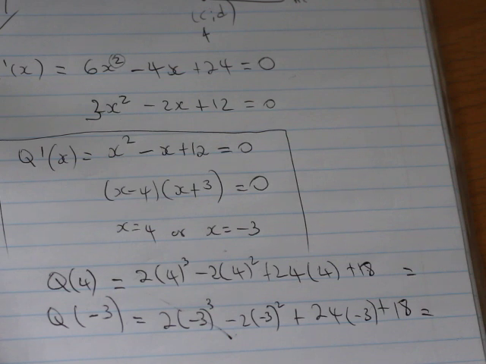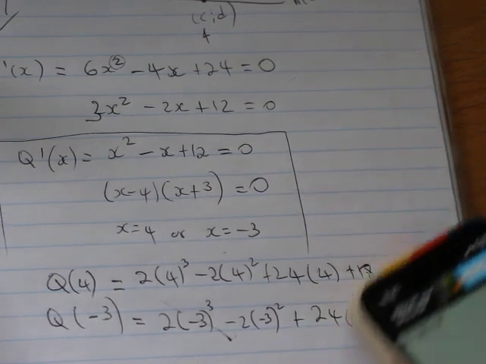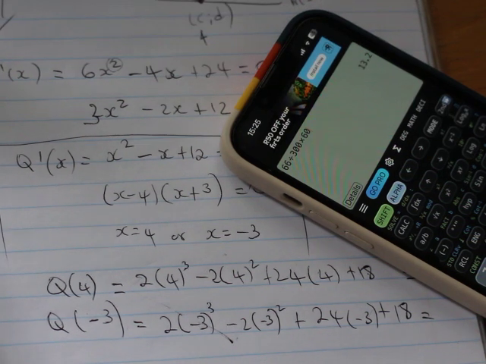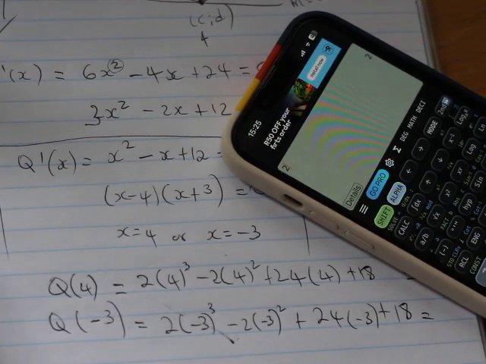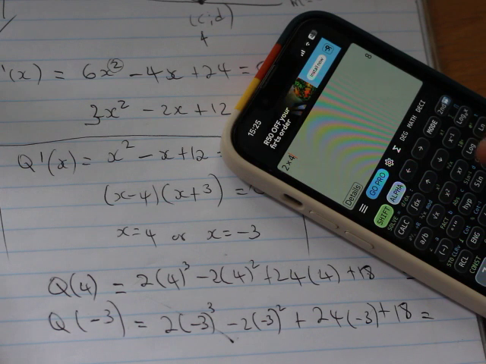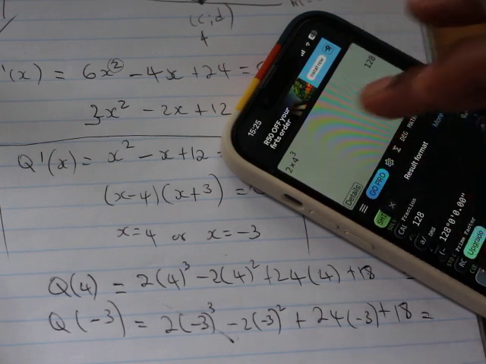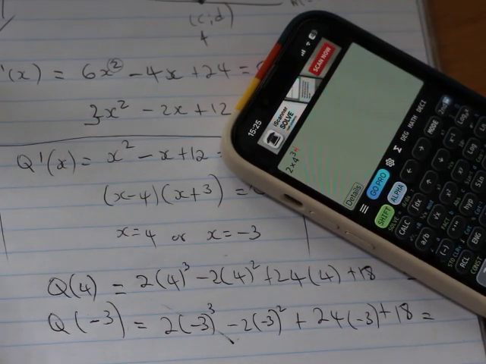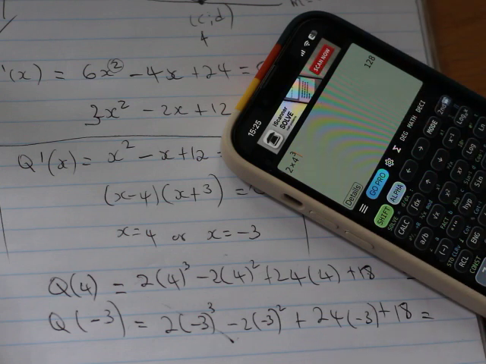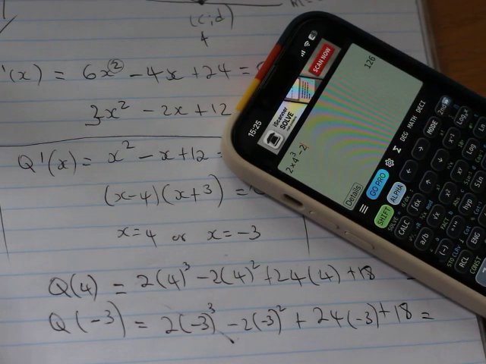Just a second, let's check what value we're getting. So 2 times 4 cubed, this calculator is so slow. Minus 2 times 4 squared, plus 24 times 4 plus 18.